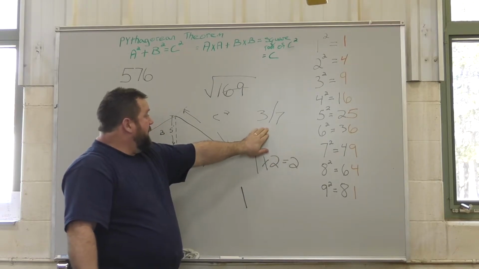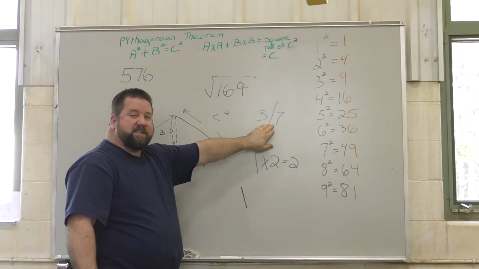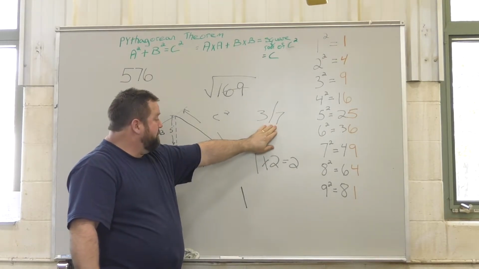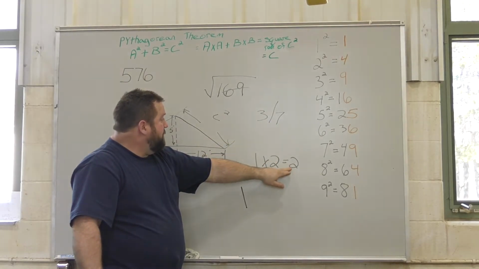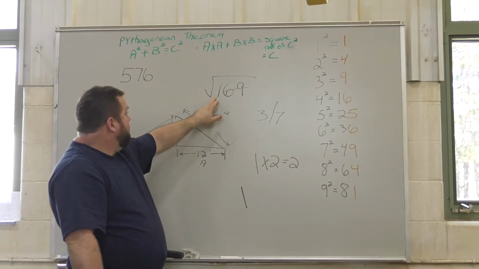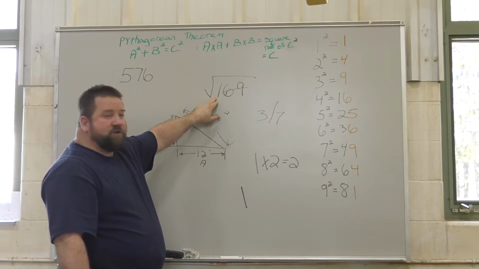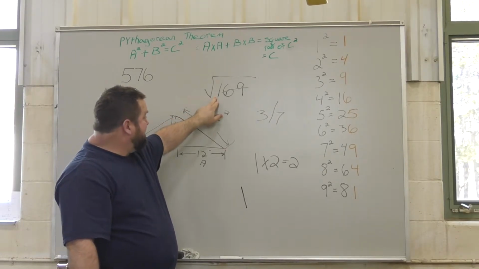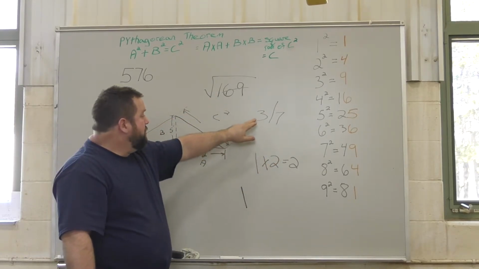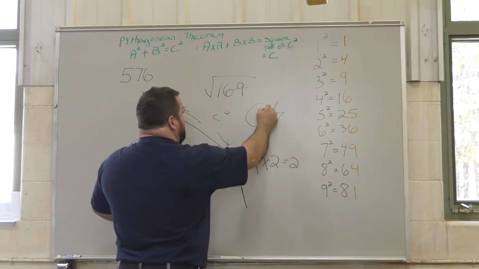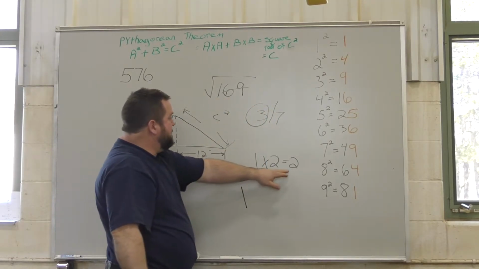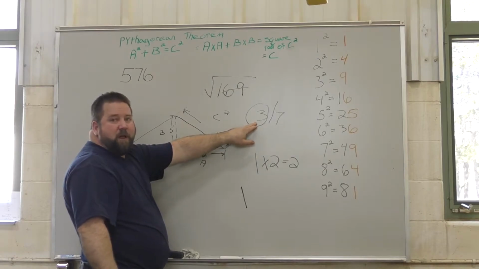So for our number on the right, it's going to be one of these numbers, a 3 or a 7. If this number is greater than this number, or an easier way, if this number is less than this number, you'll use the smaller number. Since 1 is less than 2, you'll use the smaller number.